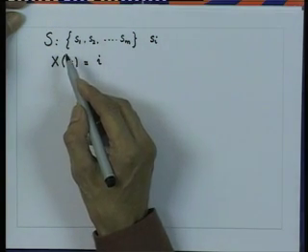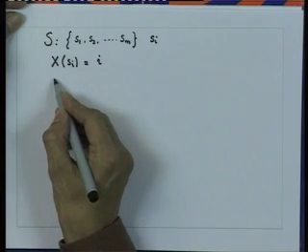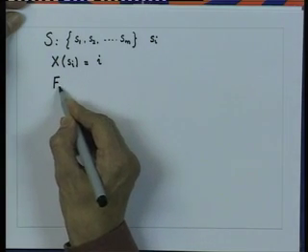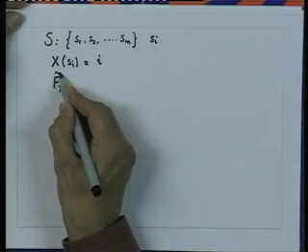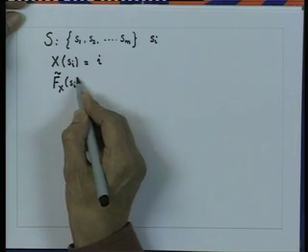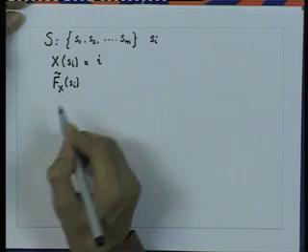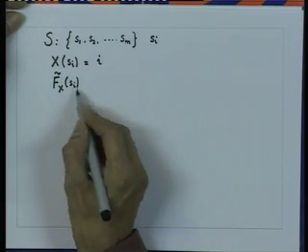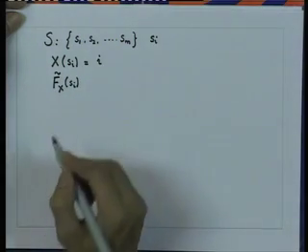We can define a function f tilde, similar to what we did in Shannon-Fano-Elias coding, and we could call it a modified PDF.